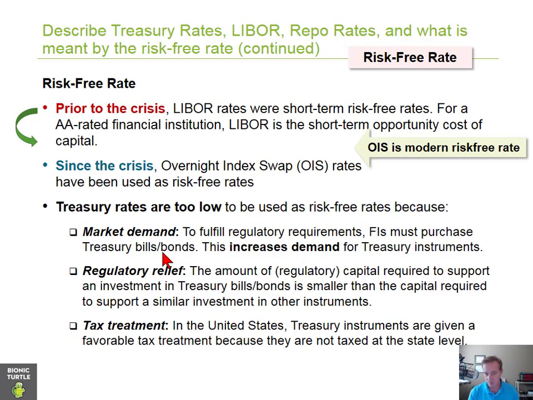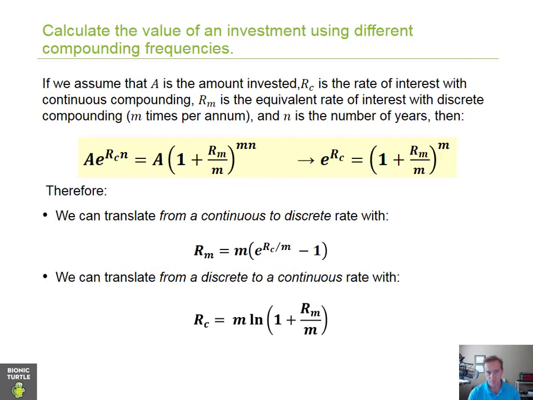If we think about supply and demand economics, more demand is going to lower the price of money or borrowing. The regulatory relief, because these treasury instruments help with capital relief from a regulatory perspective, and also favorable tax treatment. These three factors, according to Hull, make Treasury rates too low to be used accurately as the risk-free rate.